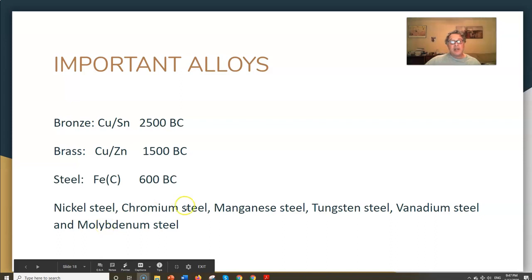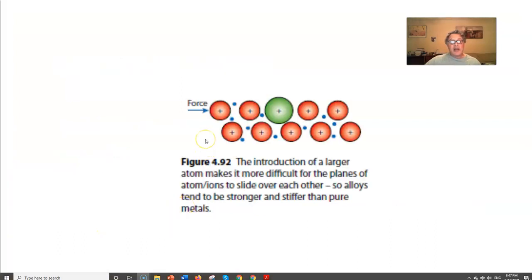And the idea here is that by substituting, say, one iron atom for a chromium atom or a vanadium atom, by substituting one metallic element for another, you change the properties of the original substance.